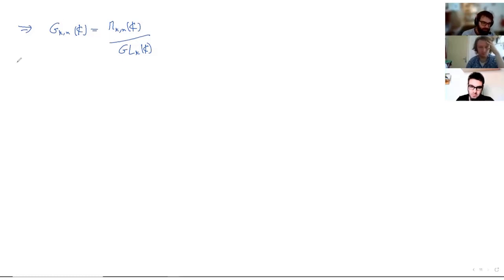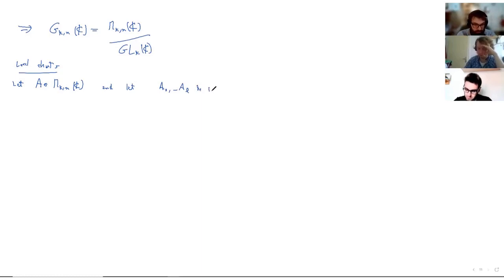So, local charts. We will actually do only one of them. So we take a matrix here and let A1 through AL be its K times K minors. So, you know, a minor is something made out of the columns.